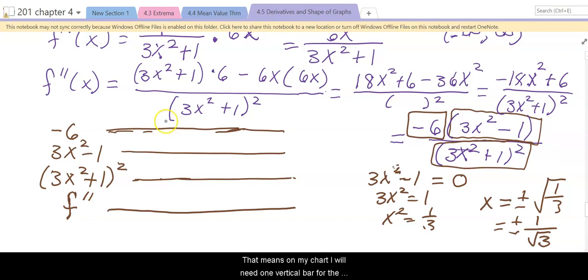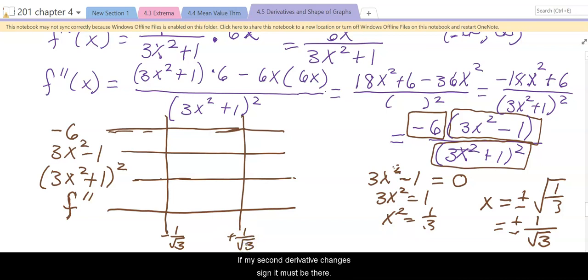That means on my chart, I will need one vertical bar for the negative 1 divided by the square root of 3, and another vertical bar for positive 1 divided by the square root of 3. If my second derivative changes sign, it must be there. It cannot happen at any of the solutions of the denominator because the denominator is squared and must always be positive.